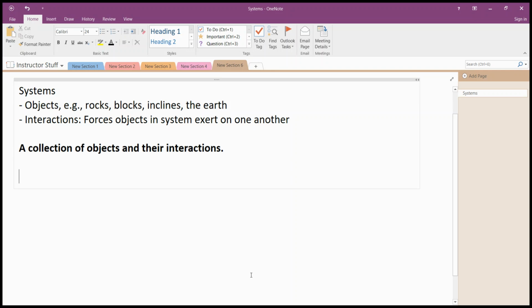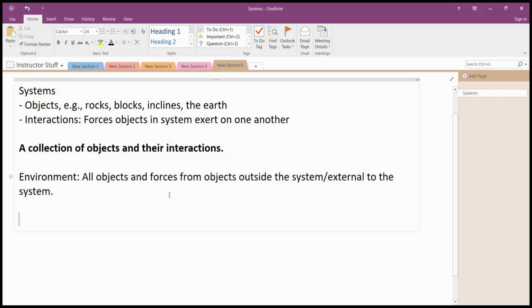Any object or force from an object that is not inside your system is considered to be outside your system, or external to your system, or part of what we call the environment. Objects outside your system can exert forces on other objects outside the system, but objects outside the system can also exert forces on objects inside your system.